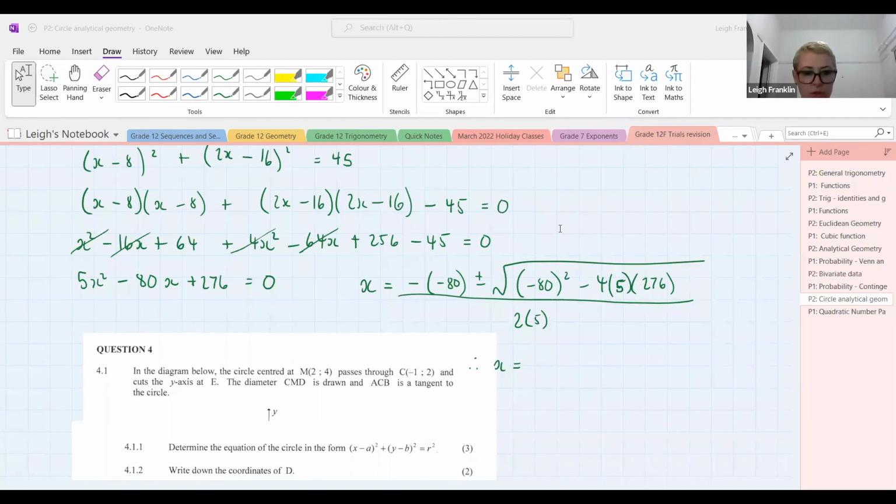Nelisba, what did you get? I got completely different answers. I got 2 solutions for x, 13 and 3. What did you get for x? I got 13 and 3. 13 and 3. Yeah, that's what I'm getting as well.